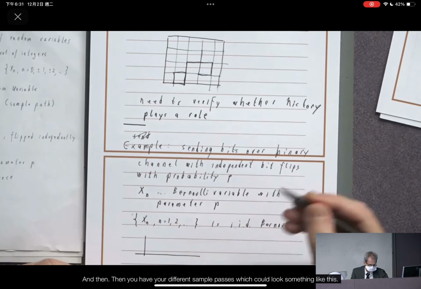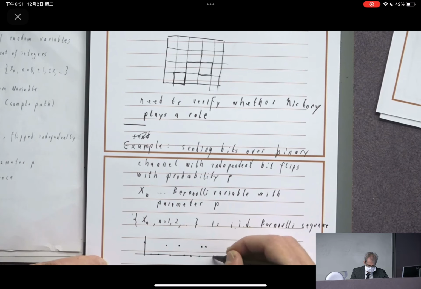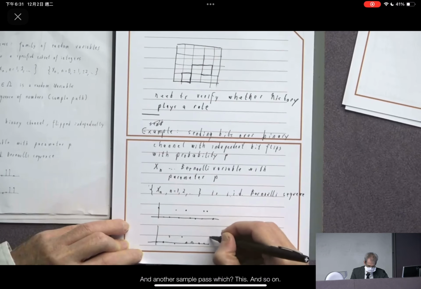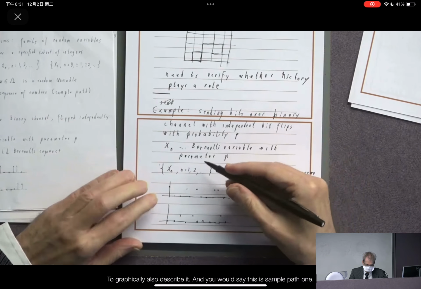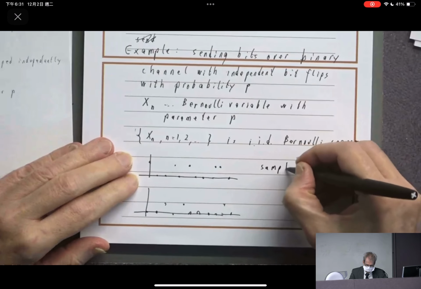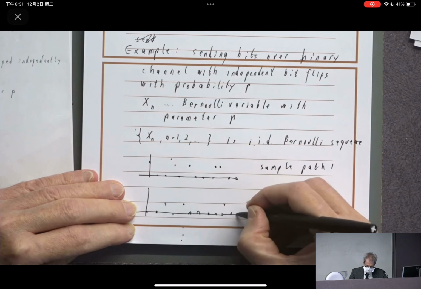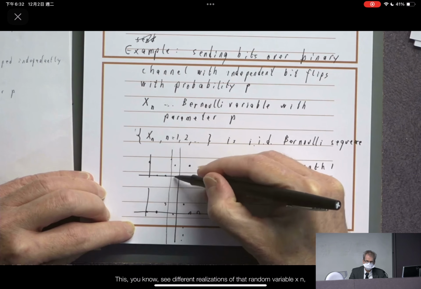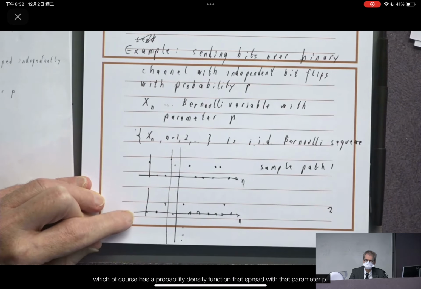And then you have your different sample paths, which could look something like this. And another sample path would be like this. And so on. Right? And so just to graphically describe it, this is sample path 1, 2, and so on. And this is n. If you now look at this, you see different realizations of that random variable Xn, which of course has a probability density function that's Bernoulli with that parameter p.